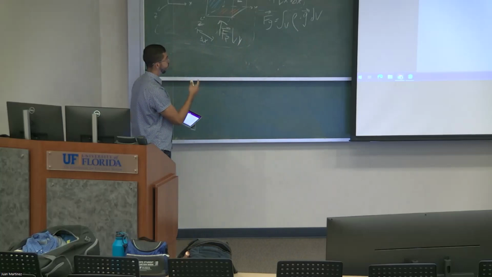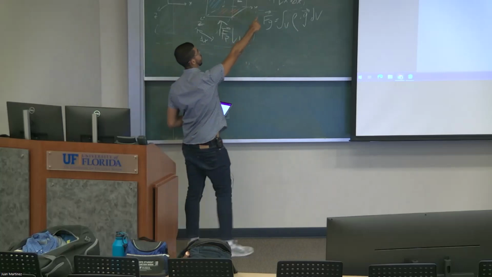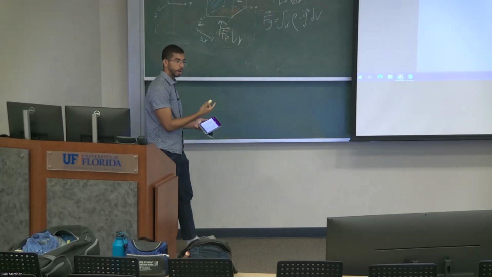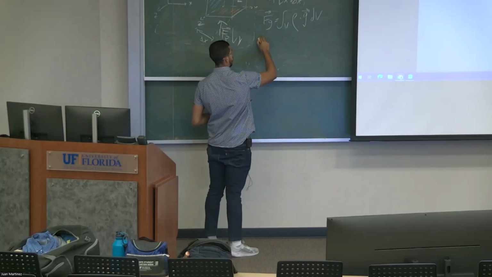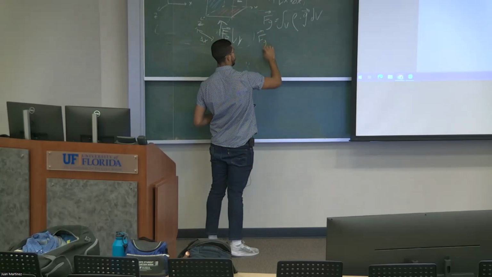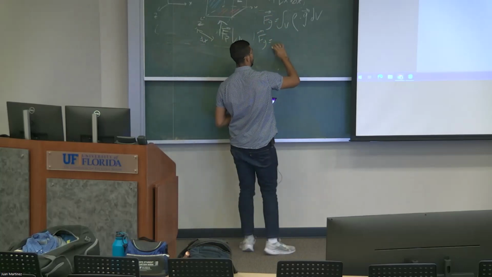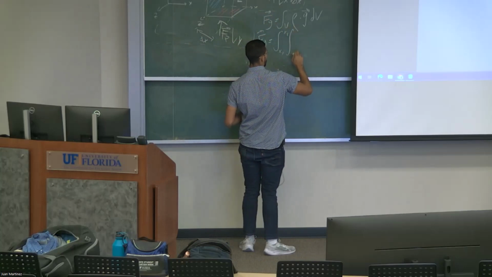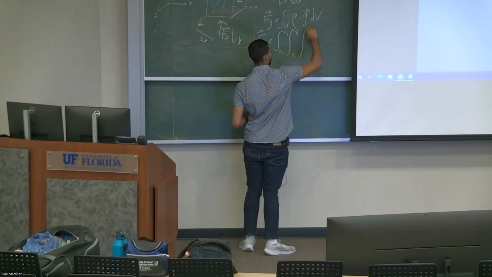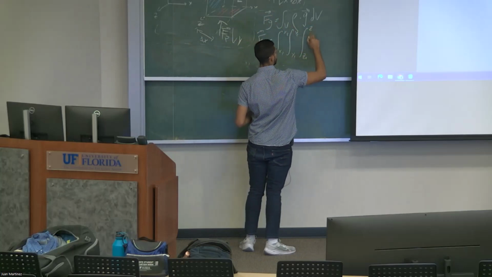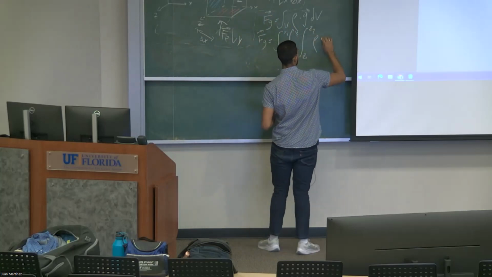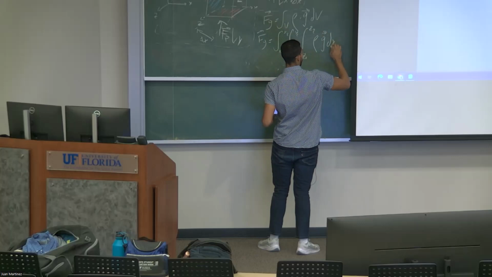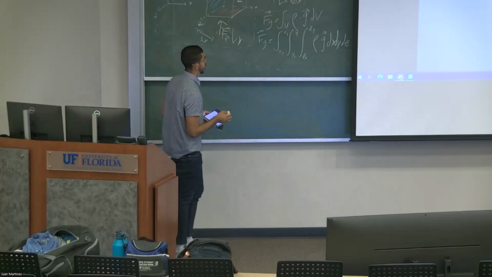Since in this class we're working with a cube and it's a large cube, we can define the volume this way. So the vector force of gravity is equal to the integral from x1 to x2, y1 to y2, z1 to z2 of rho times vector g dx dy dz.